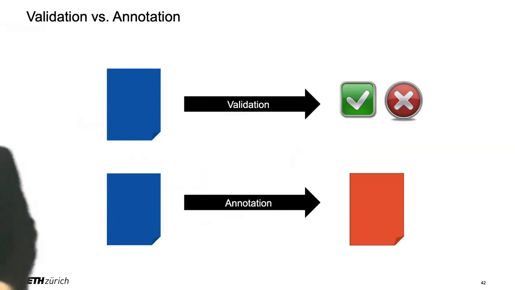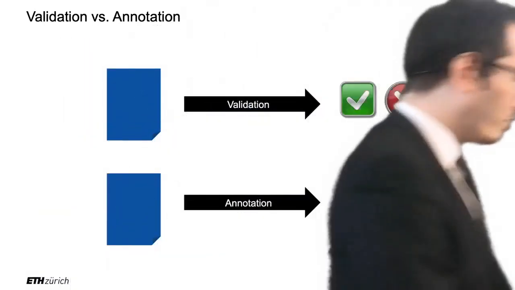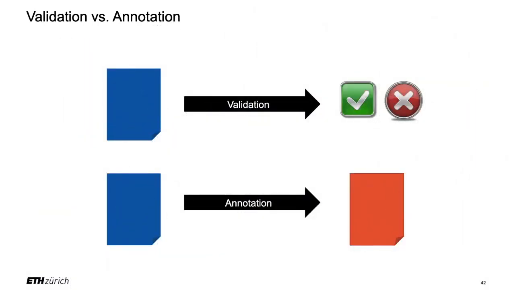Okay. Now there is also an extra subtlety, because this is something that people tend to confuse or think is the same thing. There is a subtle difference between the notion of validation and annotation. Technically, they work together. Validation in itself is normally just yes, no. It's valid, it's not valid.